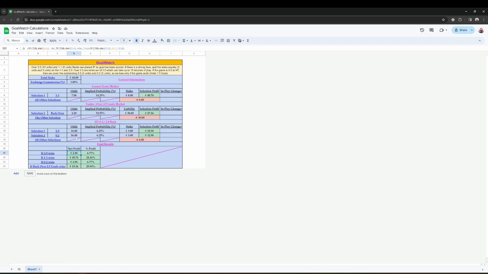Yeah. So again, this what I build, and really it took me literally no time to put together this spreadsheet and to add the numbers here, but it helps, right? When you're trading in play, you need to make decisions quickly.